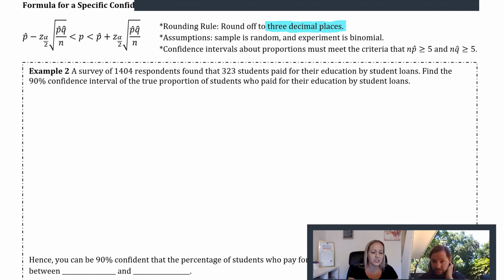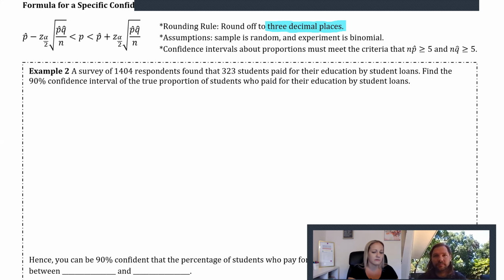We do have some assumptions. We're going to assume for all of these textbook questions that the sample is random, and the experiment is binomial. So either you have the characteristic or you don't have the characteristic. It's got to be one of those 2 options. We also have the criteria that, in order to do these confidence intervals for proportions, the number of people who have the characteristic of interest needs to be at least 5.